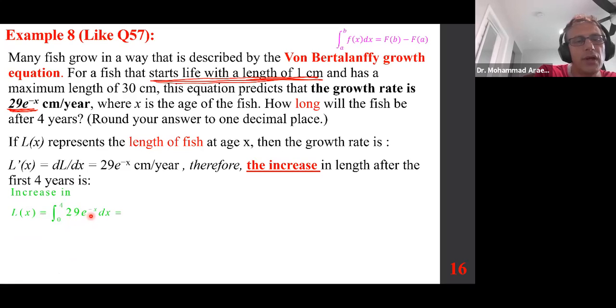So 29 divided by -1. Remember, when you're differentiating, you multiply by -1. When you're integrating, you divide by it. In this case, it makes no difference. Division as well as multiplication by -1 gives you the same. So -29 e to the power minus x, evaluated from 0 to 4.